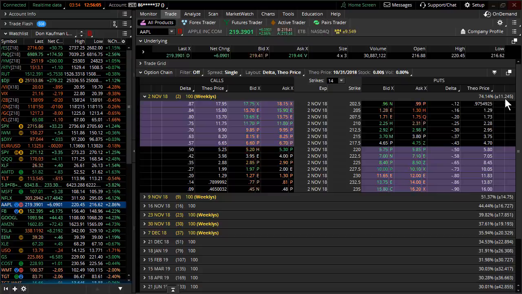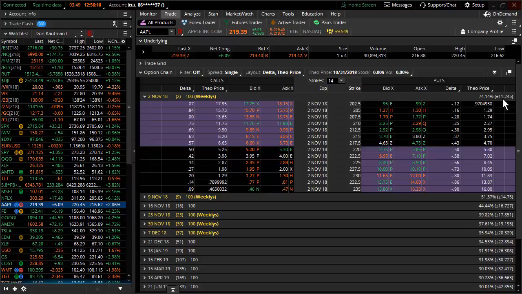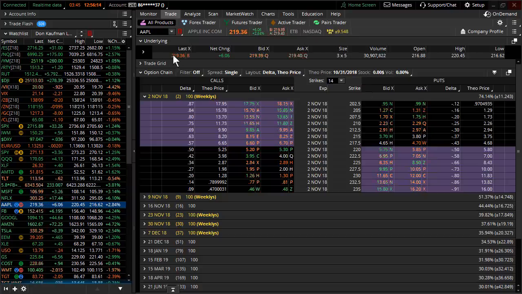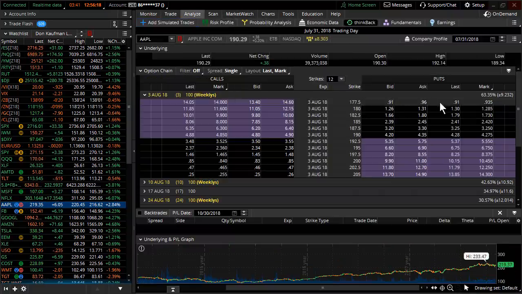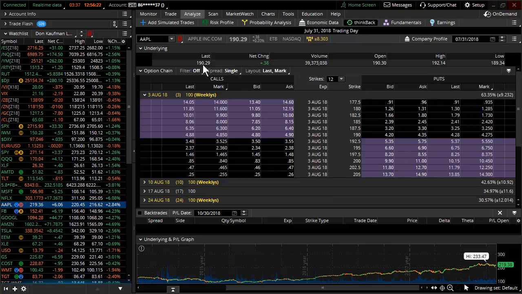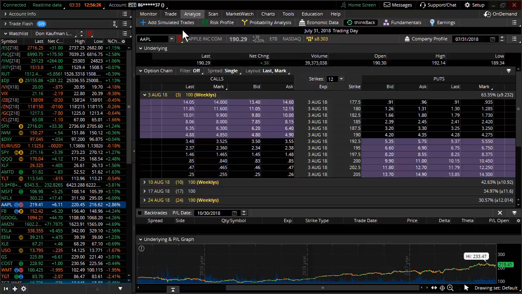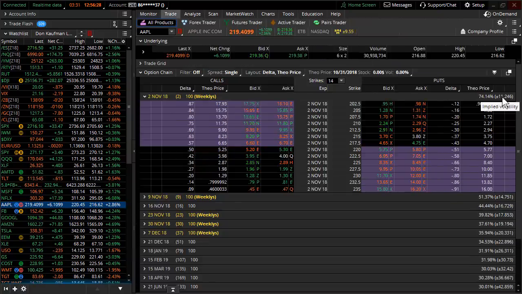I want to throw that out there because there's this belief that Apple's going to have this unbelievable amount of risk. Listen, it's an $11.20 move on a $219 product. In the previous earnings announcement, it was a $9.20 move on a $190 product. That's basically a 4.8% move versus a 5% move right now that's being priced in.